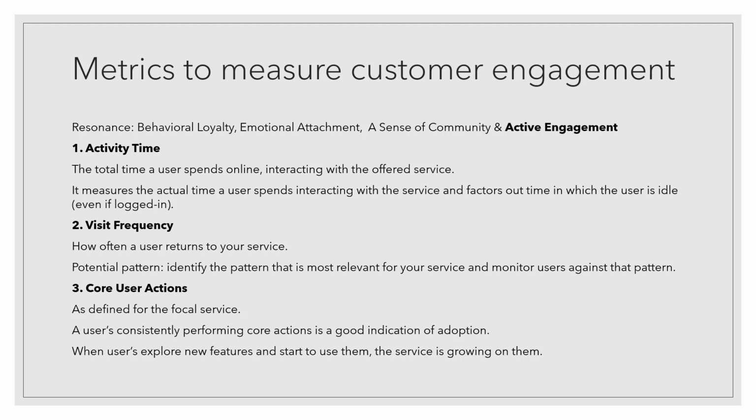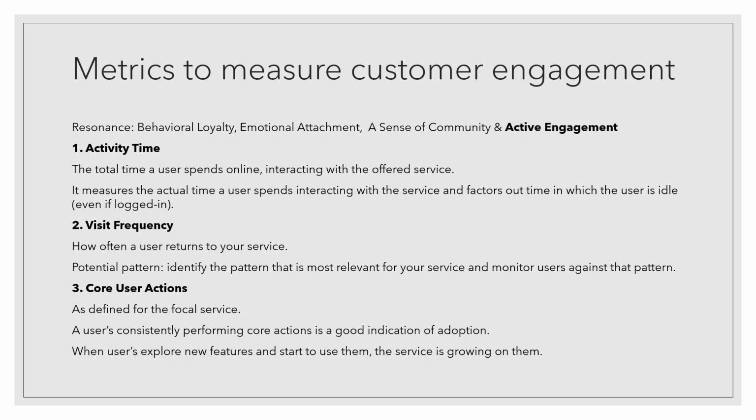So on this slide, I'm going to introduce the core set of measures or metrics of customer engagement. I hope that you can still remember the four major indicators of resonance brand relationship.